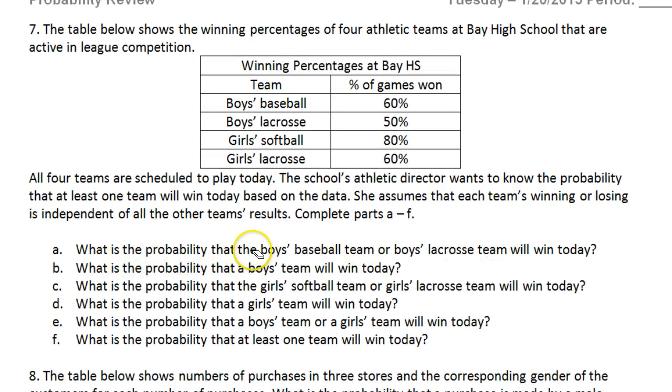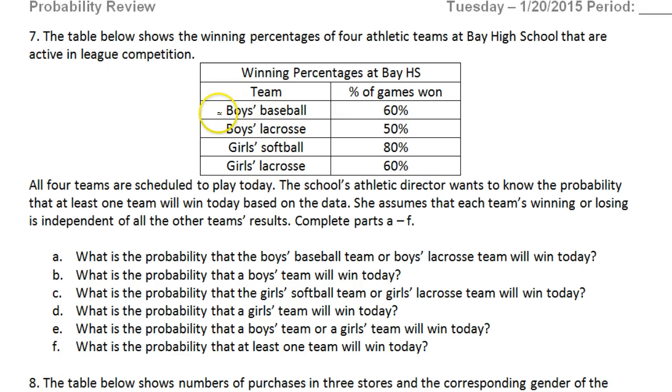Okay, what is the probability that the boys baseball team or boys lacrosse team will win today? Well, let's start by assigning each one of these events a letter, so it will be easier to work with in formulas.